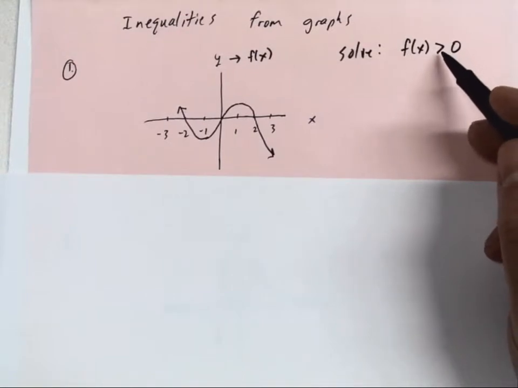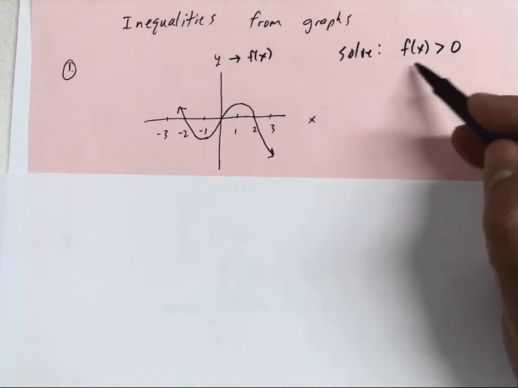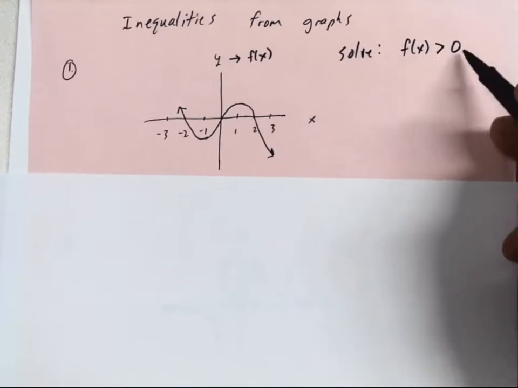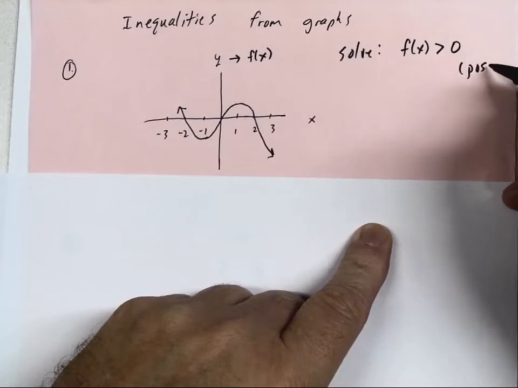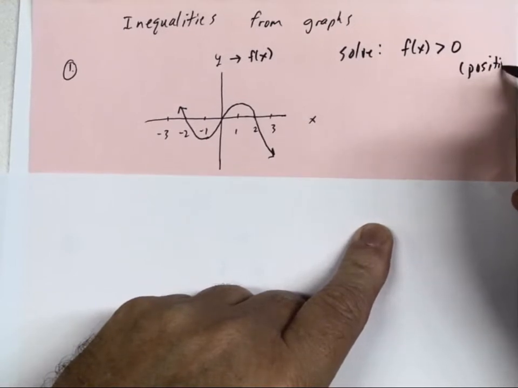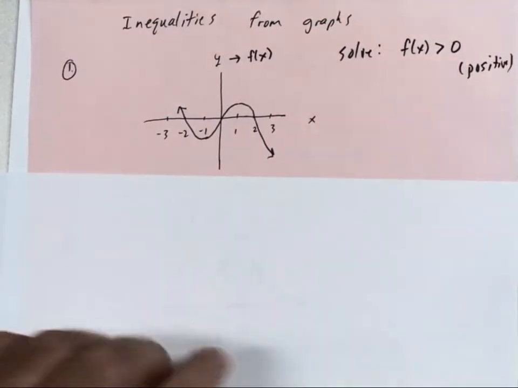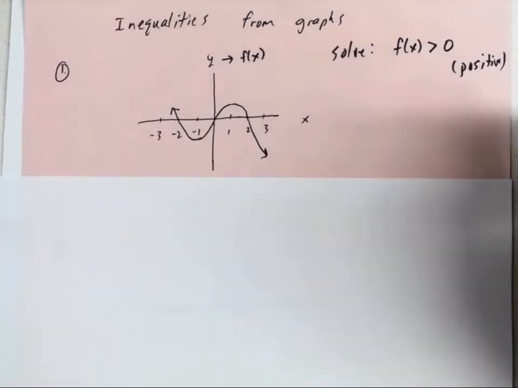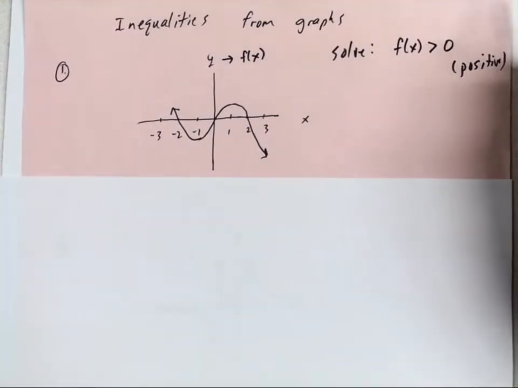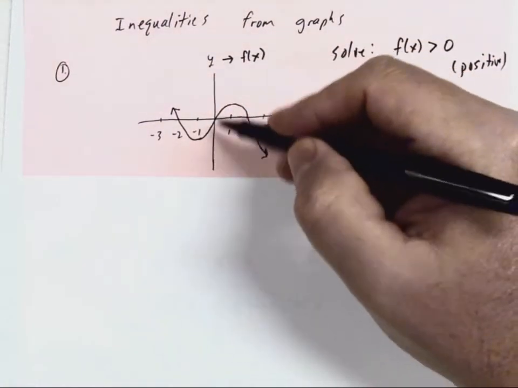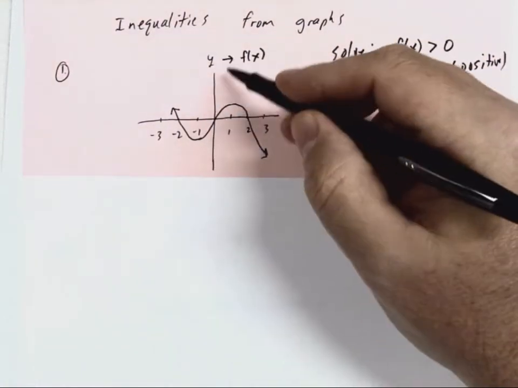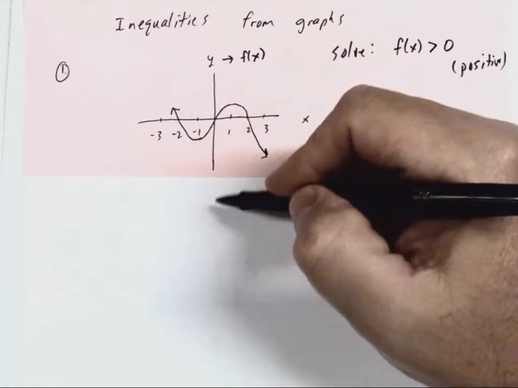Go find the values of x where the function is greater than 0, or in this case, greater than 0 means positive. So go look at this graph and see where the function's positive. Of course, the function is like the y. The function is what's going on up and down.